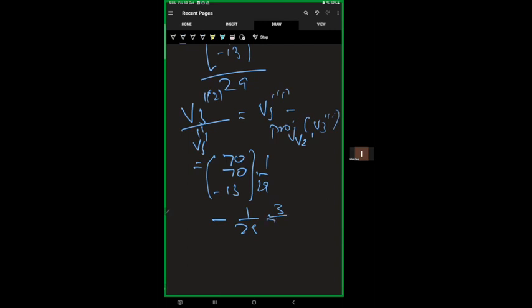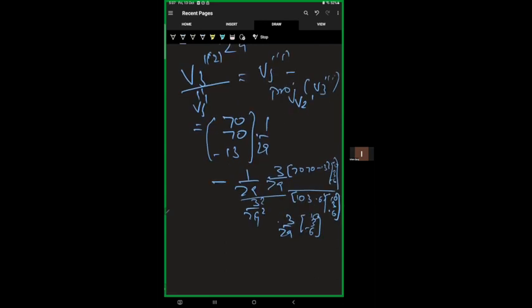3 by 29 of 70 minus 13, 10 3 minus 6, into 3 by 29 whole square, 10 3 minus 6.